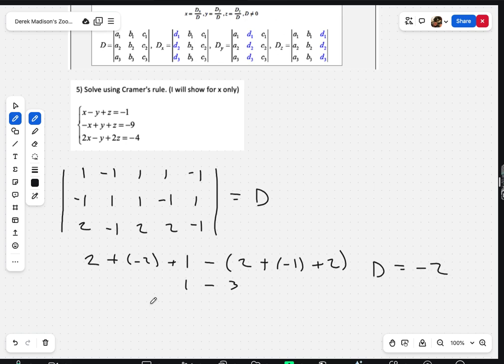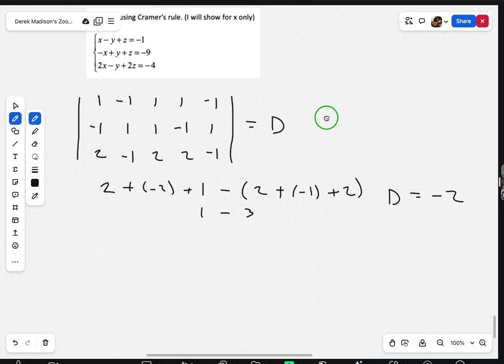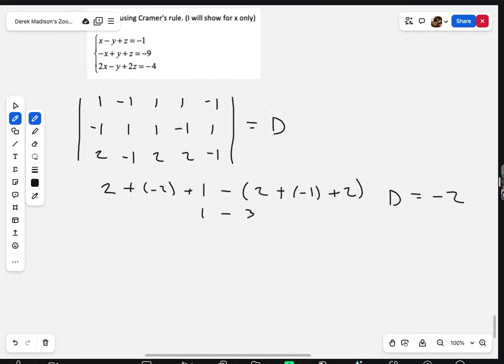And then I'm going to do the same thing, but I'm going to find dx. And so in this case, the 1, -9, -4 would replace that first column there.